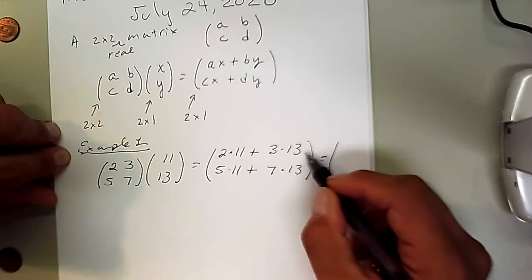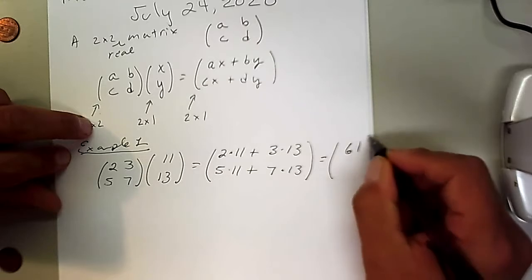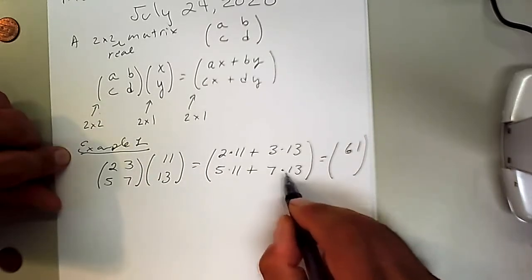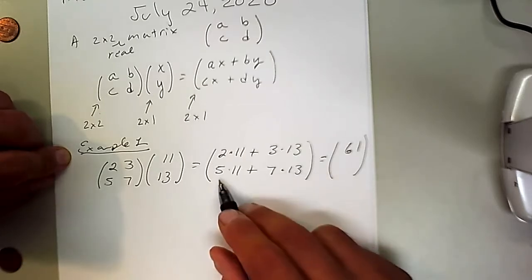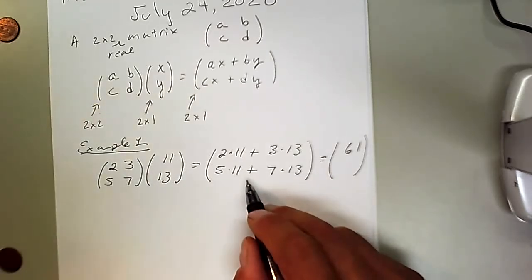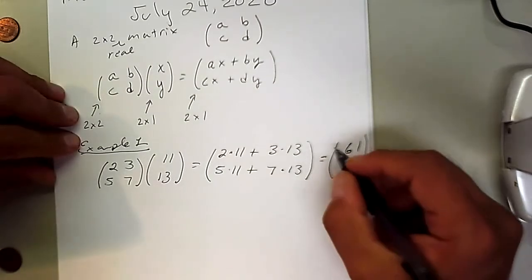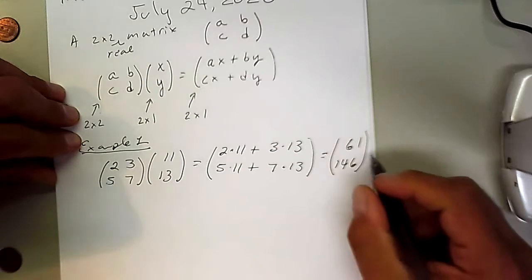That's 22 and 39. 39 and 22 would be 61, if I'm not mistaken. And then 55, 7 times 13 is 91, so 91 plus 55, 146, if I'm not mistaken.